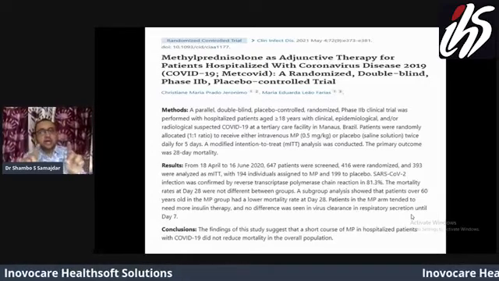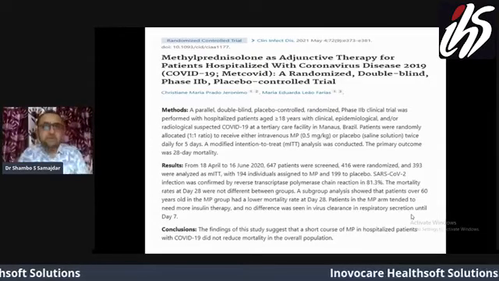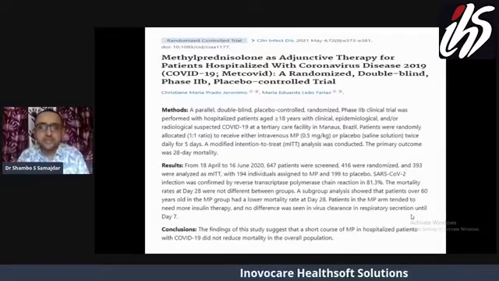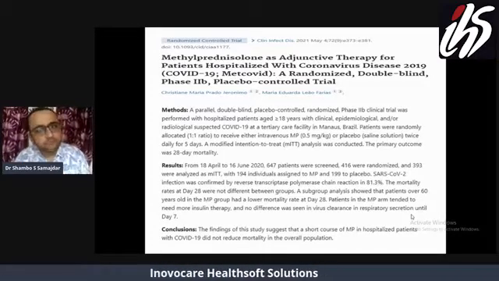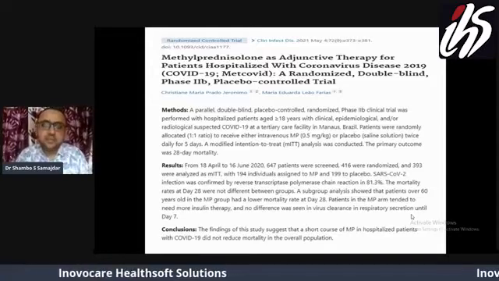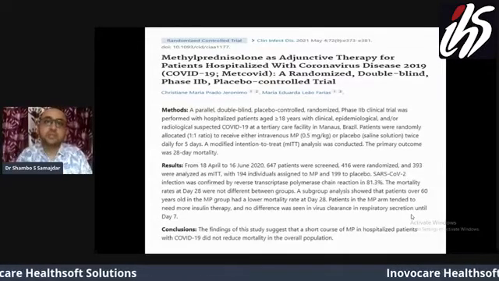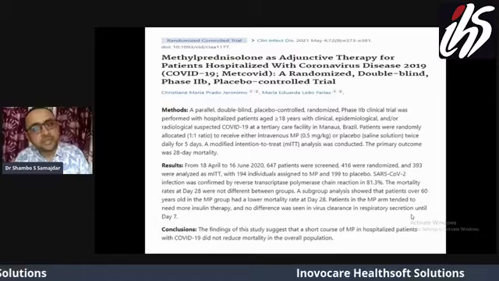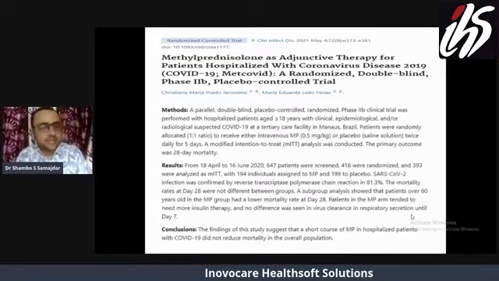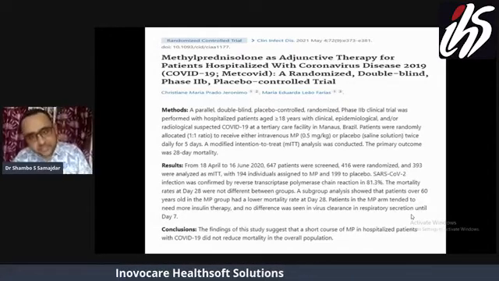So this trial gives a big question mark to what we have been doing for almost the last 1 year, treating our moderate or severe COVID-19 patients with methylprednisolone or dexamethasone.